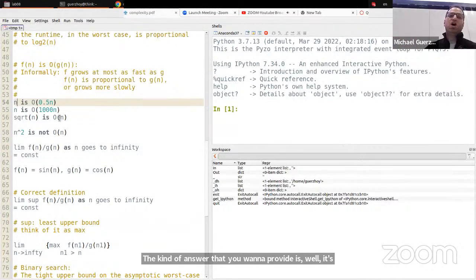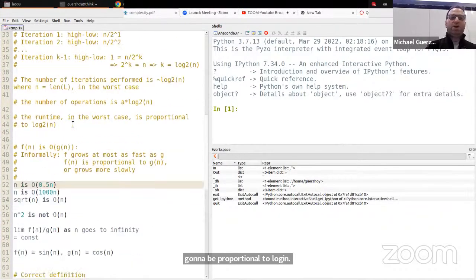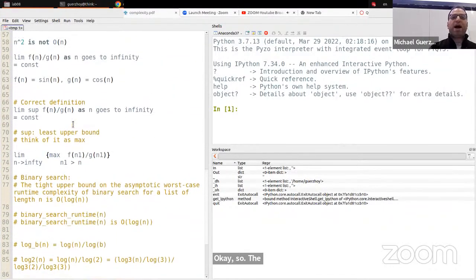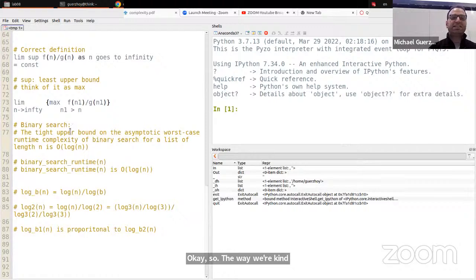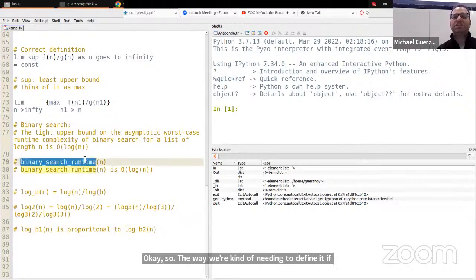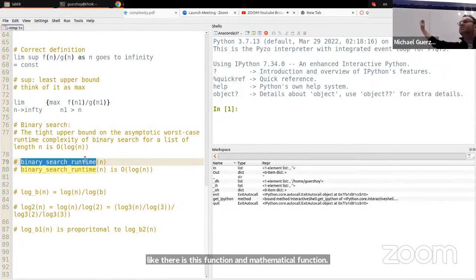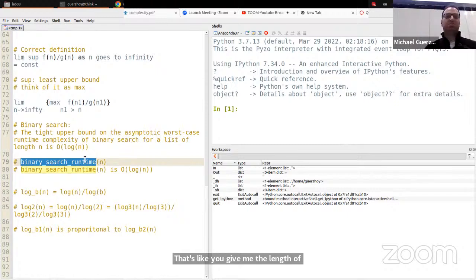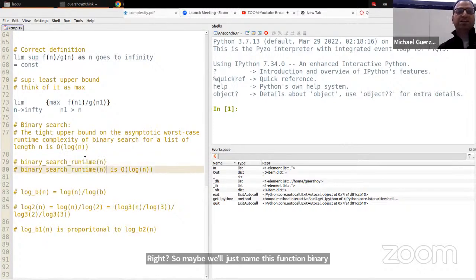If we want to be precise in math, we're going to say there is this mathematical function: you give me the length of the list and I'll give you the runtime. So maybe we'll just name this function binary search runtime. And I'll say this binary search runtime is O of log n, for example.